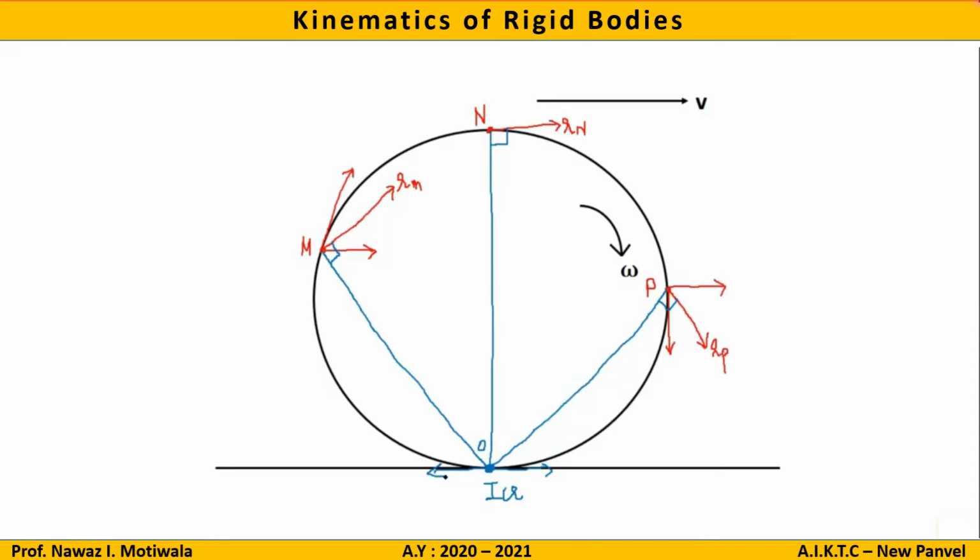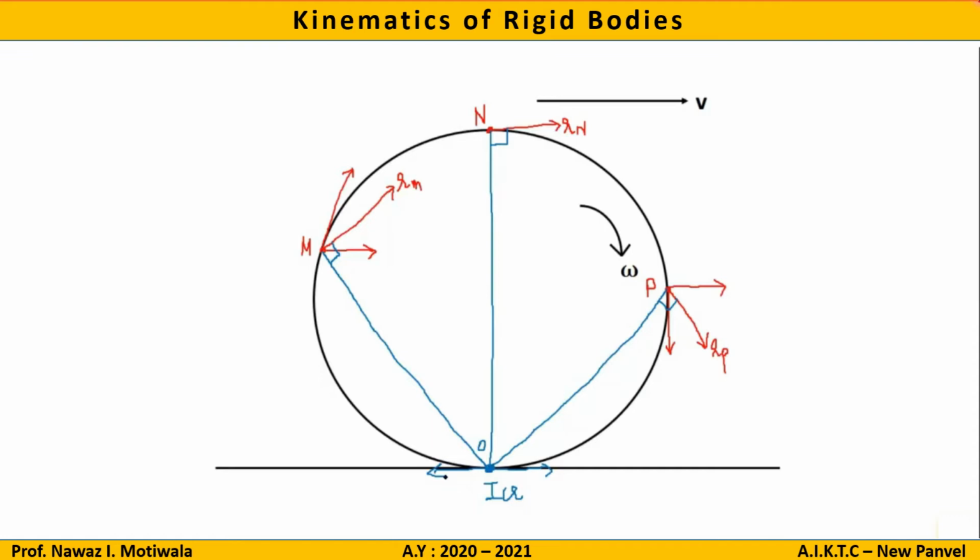Hence, we can now also conclude that ICR is a point of zero linear velocity. In other words, I can say ICR is a point about which the entire body is performing only rotational motion at that particular instant. So at ICR the linear velocity is 0, or I can say it is a point at which the body is performing purely rotational motion at that particular instant.